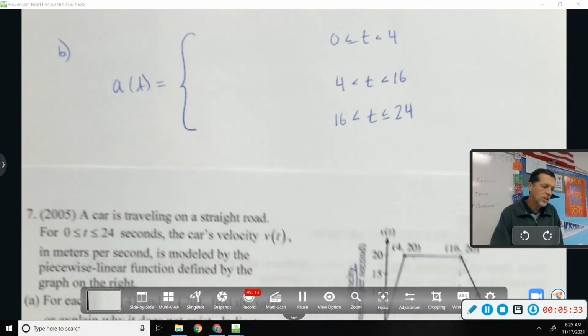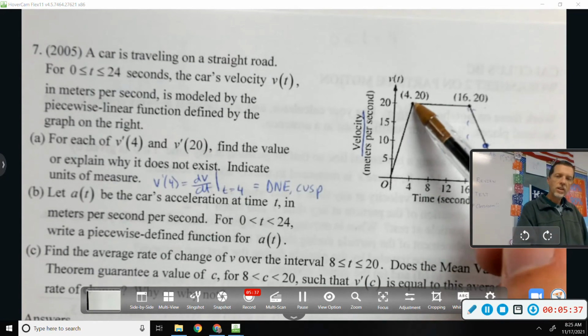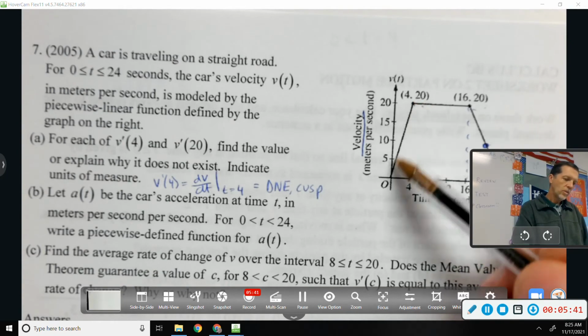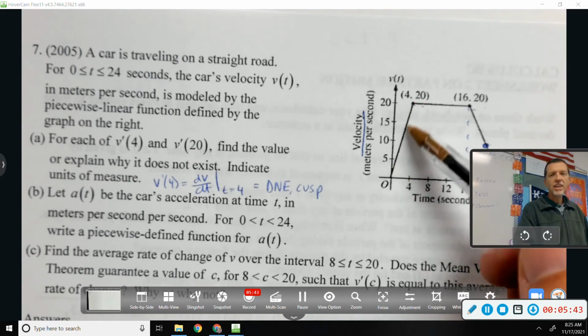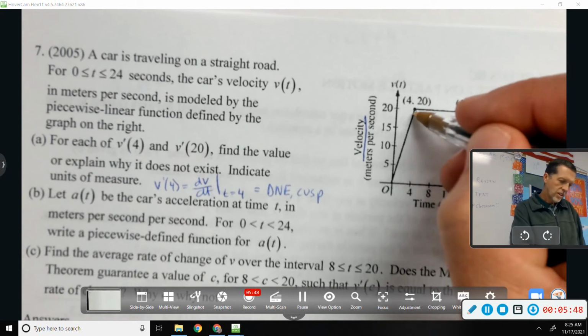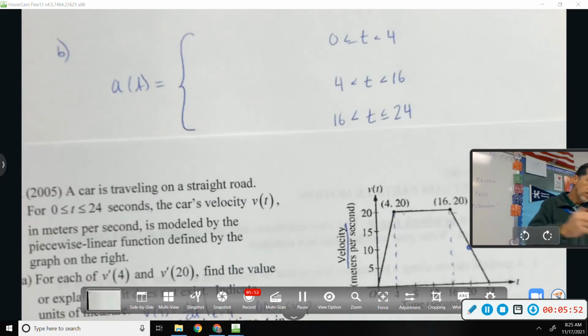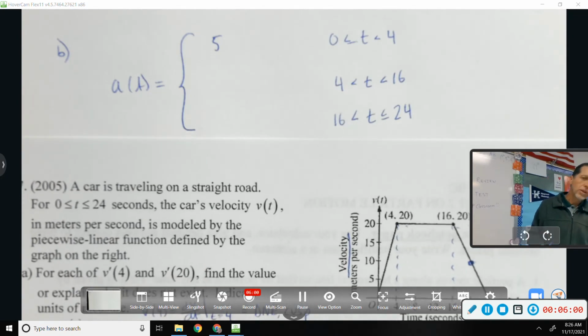So what's the acceleration between 0 and 4? What's the derivative of this line? Careful, 20 over 4. So 5. It did not specify to show units, so we wouldn't have to. It wouldn't be wrong if you did, but you could get away without putting them on there.